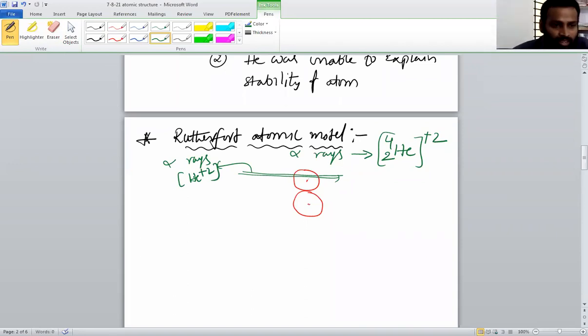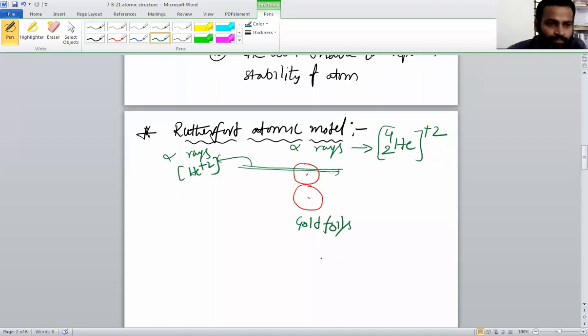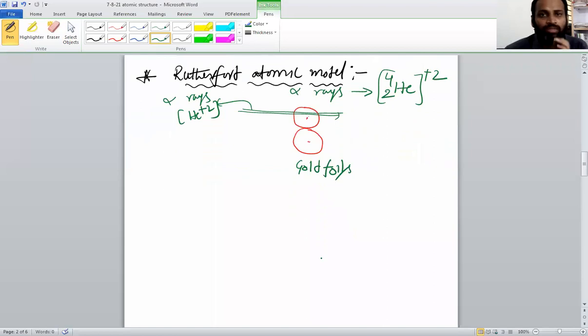See, please try to understand the experiment first. Rutherford considered gold foils. Gold foils are very thin plates, we call them gold plates or gold foils.